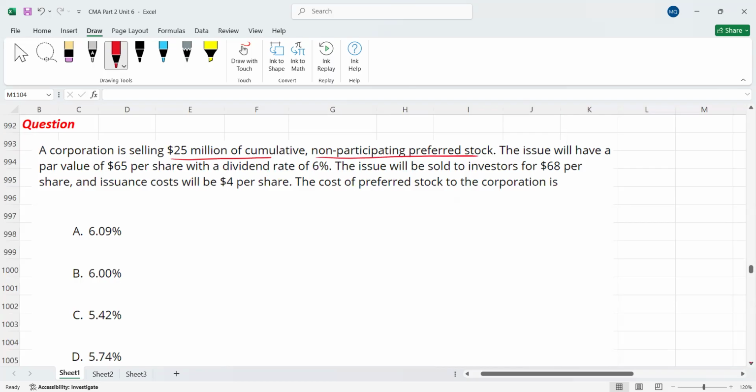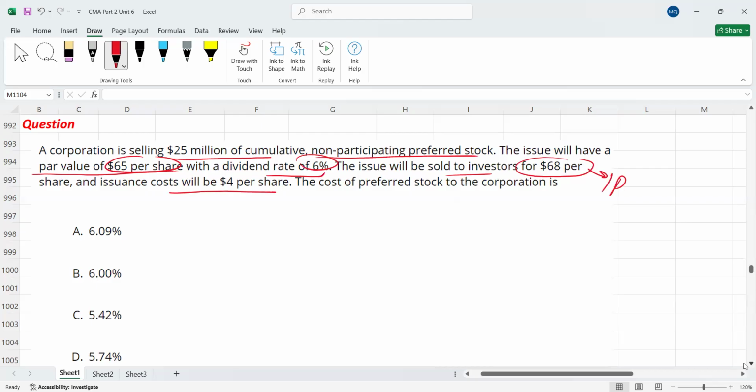The issue will have a par value of $65 per share, with a dividend rate of 6%. This is the dividend rate of the preferred stock, and when we calculate dividend, we need par value times dividend percentage. The issue will be sold to investors for $68. This is the issue price, it's given. And issuance cost will be $4. This is the issuance cost.